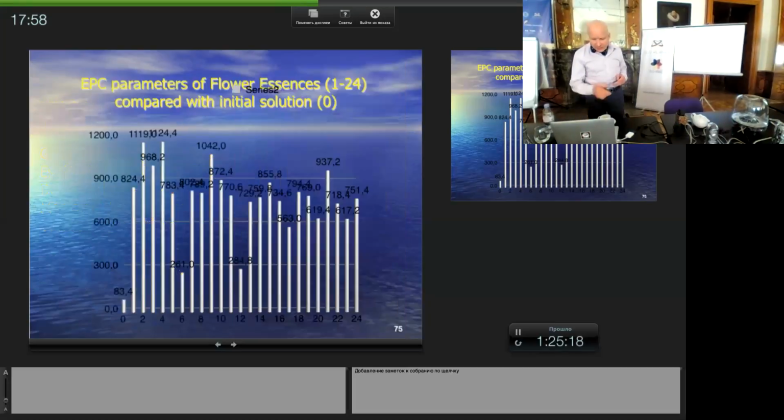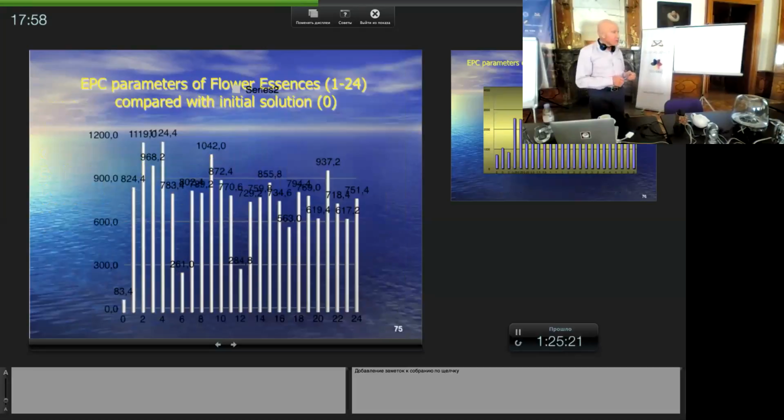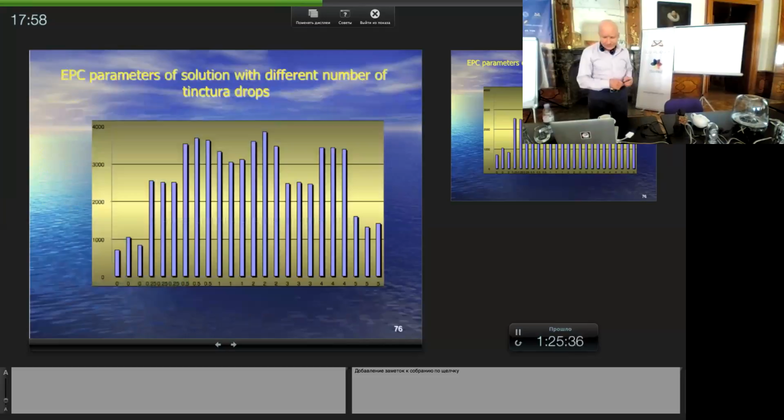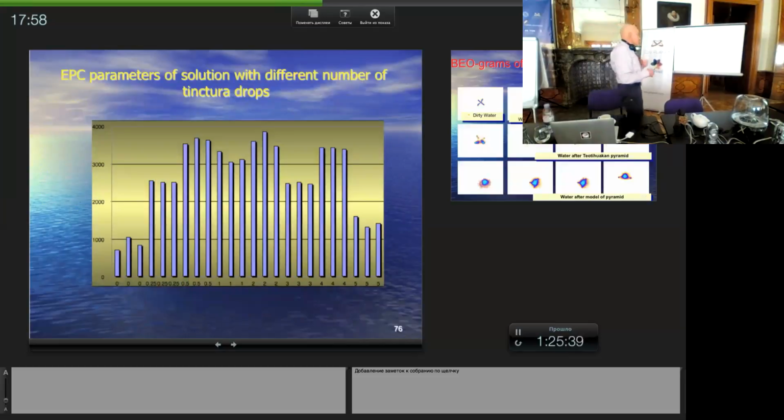Then it's another story. We've been measuring Bach flower essences, and you see this is the initial solution, and those are different Bach flower essences. You see, a huge difference in signal. And what's interesting, it was very interesting for me to see the difference between different concentrations.